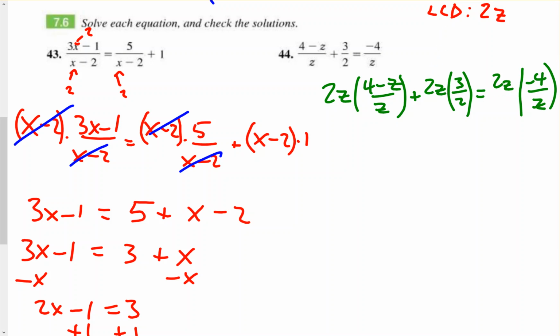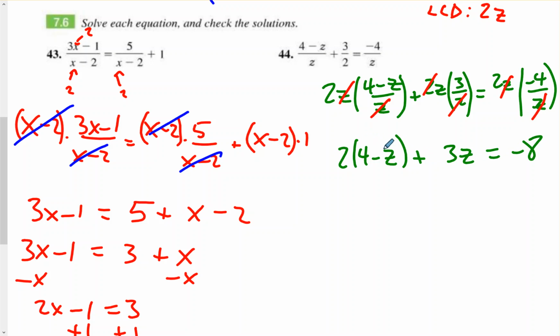Okay, now doing this, you'll be able to cancel out z's. Okay, here you'll be able to cancel out the 2's. And here you'll be able to cancel out the z's. So let's see what's left. So we have 2 times 4 minus z plus z times 3, which is 3z, equals 2 times negative 4, which is negative 8.